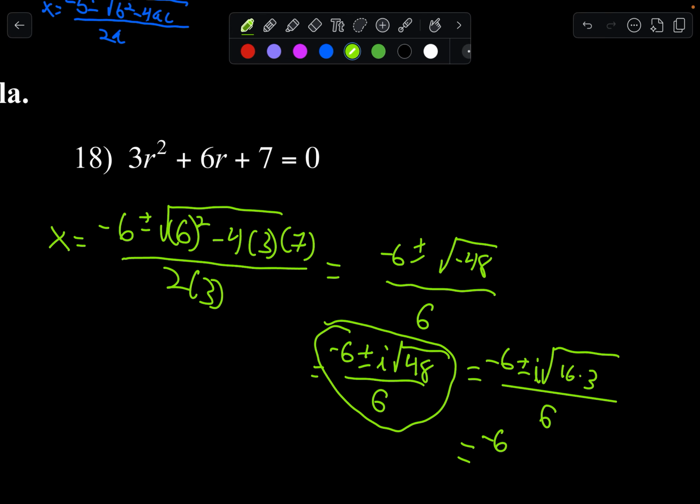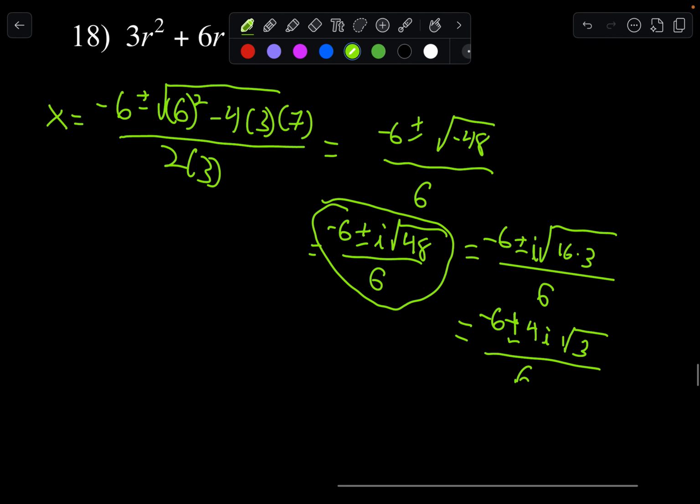The square root of 16 is 4, so that's plus or minus 4i times the square root of 3 all over 6. Okay. You can keep going. 2 goes into both, so you can factor a 2 out, all over 3.